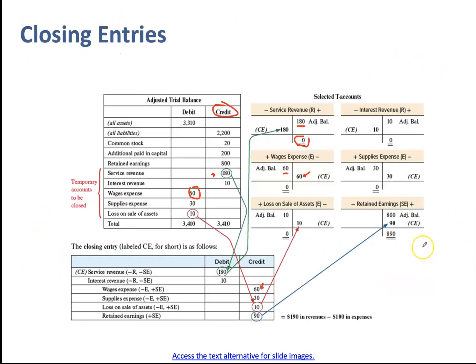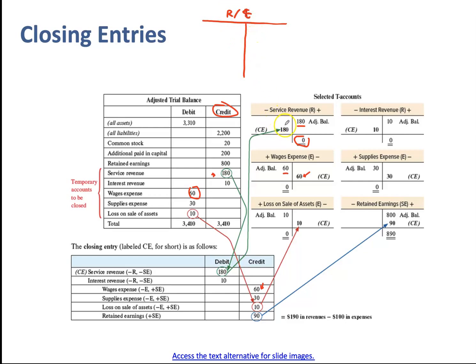Therefore, let's say I have a retained earnings account. I know there is a retained earnings account on this page, but I'm just going to write it out so that it's easier.